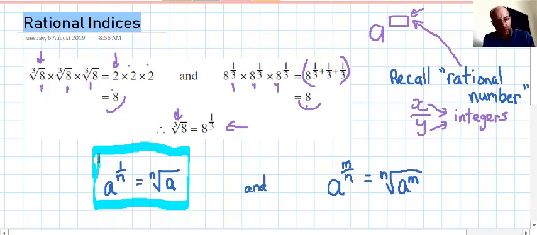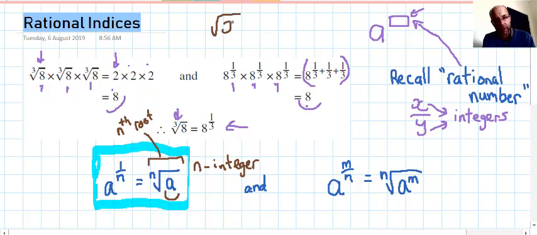A base a to 1 on n equals the nth root of a. So n is an integer, and that is called the nth root of a. Okay, that's the nth root of a. A you can see contained in there. So it all starts with square root, which you'd be very familiar with.